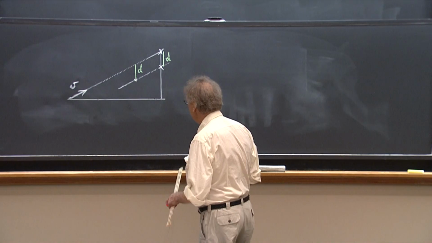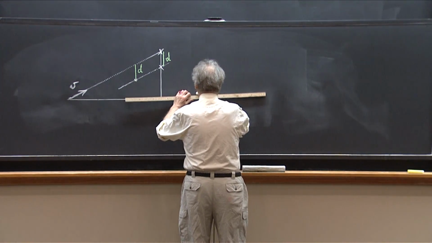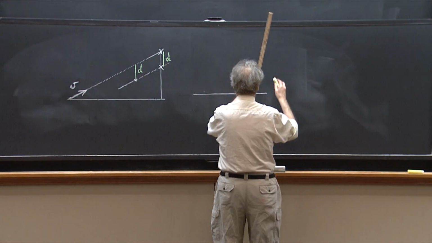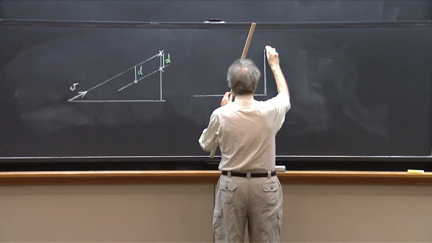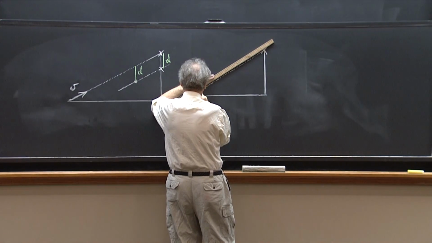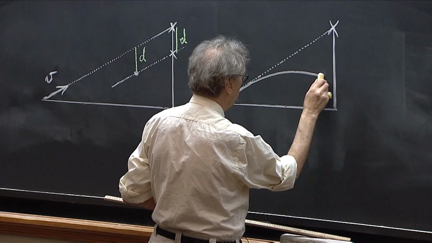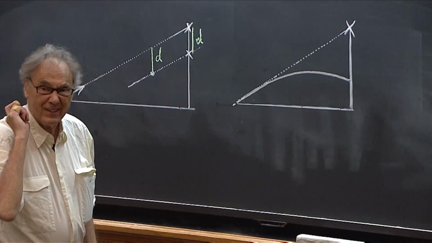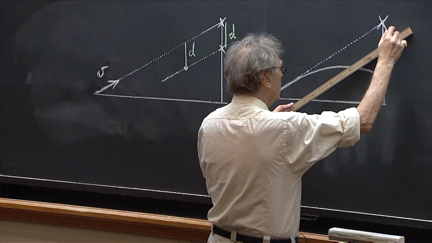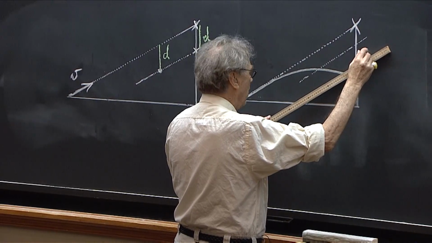I'll now make a diagram whereby we put in the trajectory of the bullet. So let this be the trajectory of the bullet, which, by the way, is a parabola. I'm now drawing here 2 parallel lines, parallel to this one. I draw them at random.